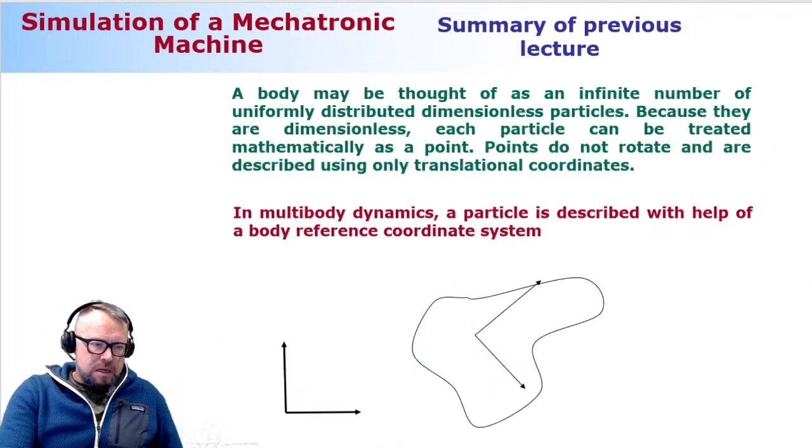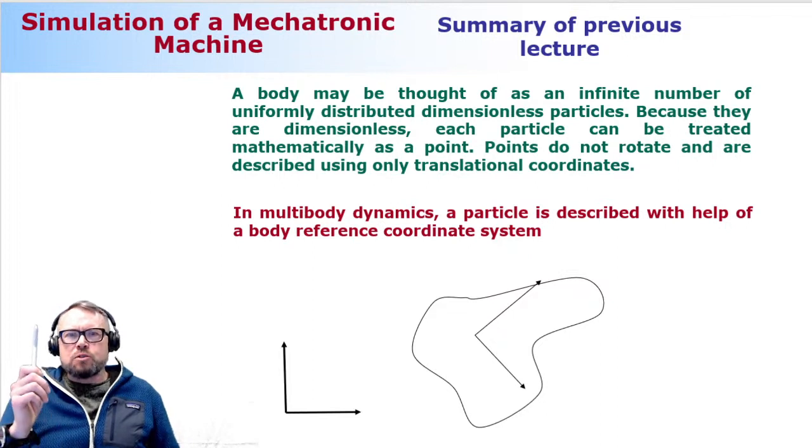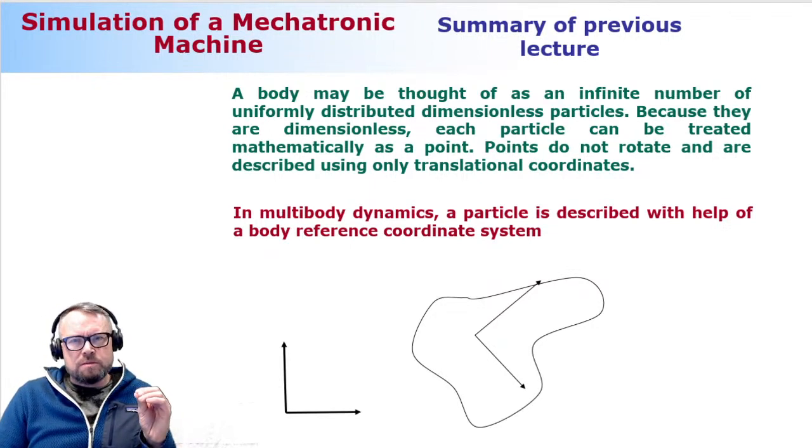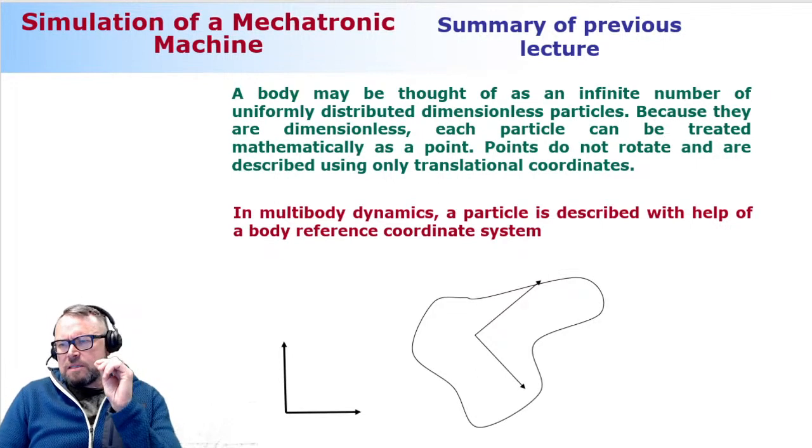We also look a little bit at how we can describe a multi-body system mathematically. Something extremely important to understand is that we assume the body consists of an infinite number of particles. Then what is a particle? A particle is not the real thing.